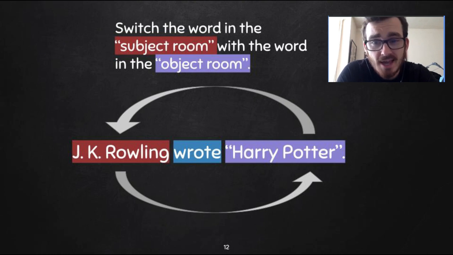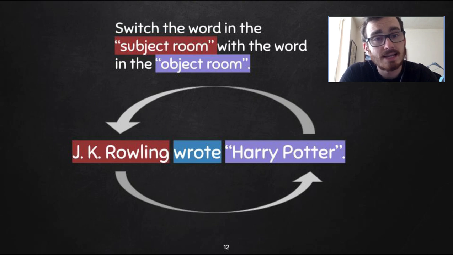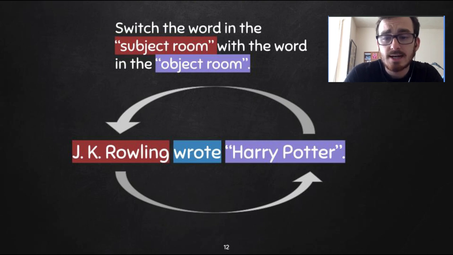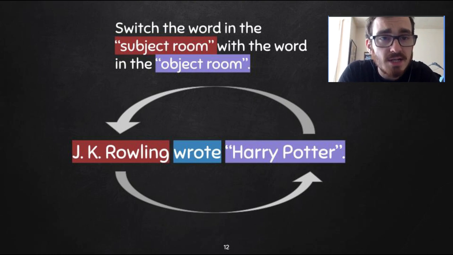So we have J.K. Rowling in the subject room, and we have Harry Potter in the object room. Now, we might want to switch those around in order to maybe put more emphasis on Harry Potter rather than J.K. Rowling, but we can switch the order around and have the sentence still mean the same thing.